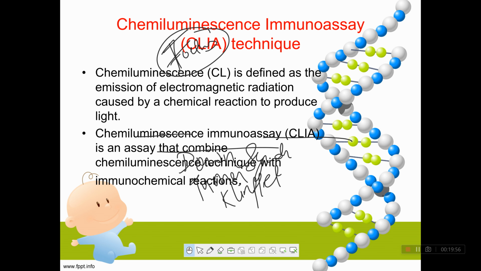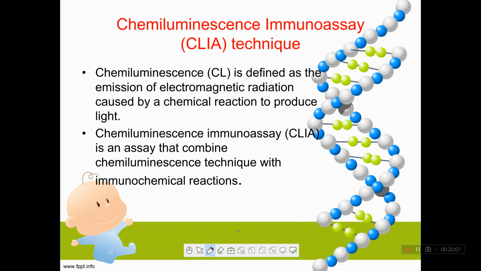Next process is the chemiluminescence immunoassay. What is a chemiluminescence immunoassay? Actually, chemiluminescence immunoassay is a technique that is used to identify immunochemical reactions, right?